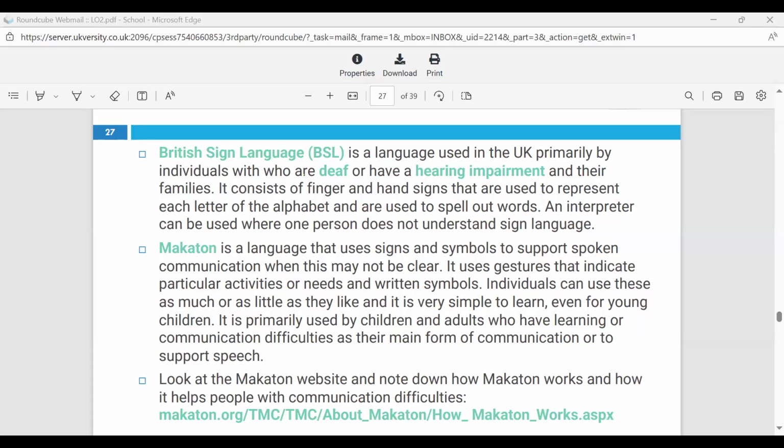Like you said, they use symbols, they use spoken language, and it follows the same grammatical order as English. The whole point of Makaton is to support speech and language skills and help people communicate effectively, because some people can't communicate due to learning or communication difficulties, or even young children that can't communicate.